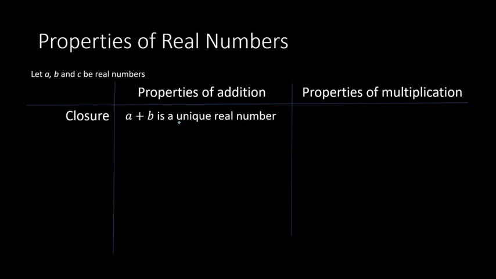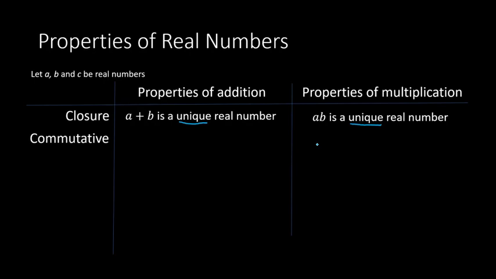And by the way, the answer is unique, meaning there's only one solution. With multiplication, same thing. Our closure property of multiplication says if A is a real number and B is a real number, then when you multiply, you're still going to get a real number. And again, it's going to only have one solution. It's going to be unique. So that is your closure property.